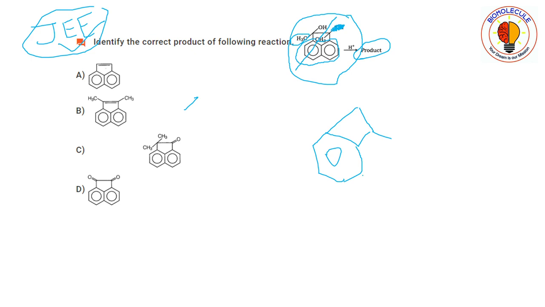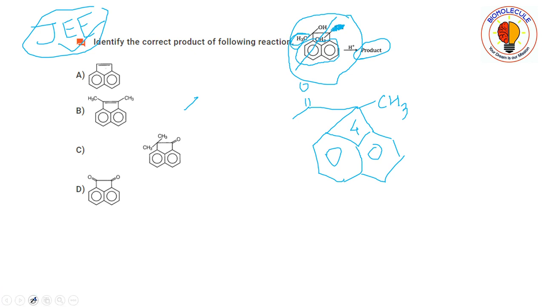Okay, and this one COCH3 will be ending up with this compound, okay. But here this four membered ring is very unstable, so this one will not migrate. So what will migrate is this CH3 will migrate, okay.